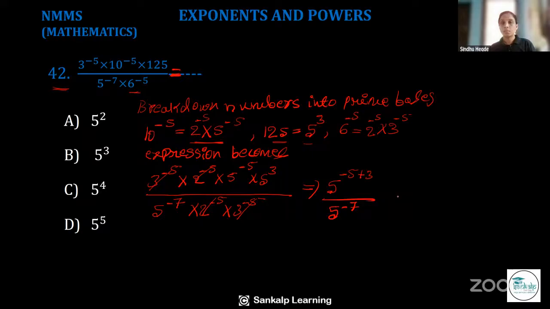So next to simplify this as 5 raised to minus 5 plus 3, it is 5 raised to minus 2 divided by 5 raised to minus 7. It goes to the numerator and it becomes plus 7. So 5 raised to minus 2 plus 7, it gives 5 raised to plus 7 minus 2, it is plus 5. So 5 raised to 5 remains.